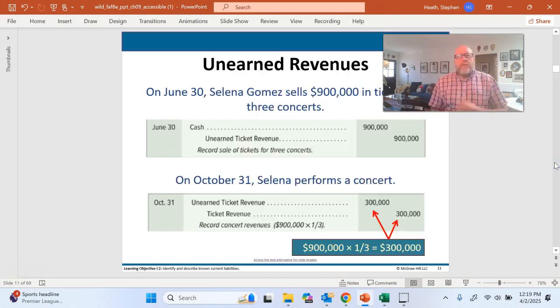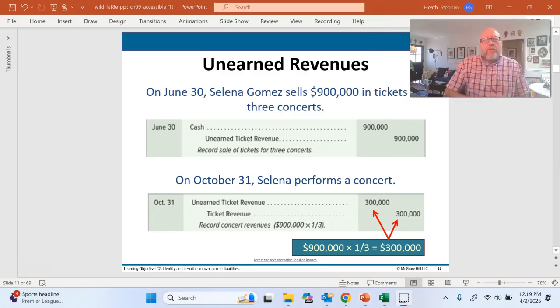Okay, next category, unearned revenue. We've already covered this, so I don't know that we have to spend too much time on it here. But in this particular example, kind of a cool example. On June 30th, Selena Gomez sells $900,000 in tickets for 3 concerts.